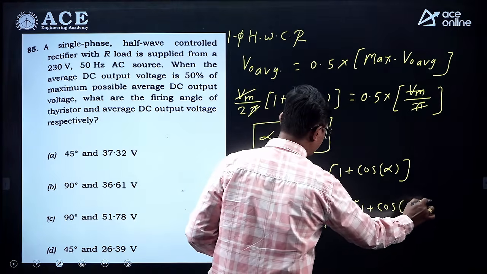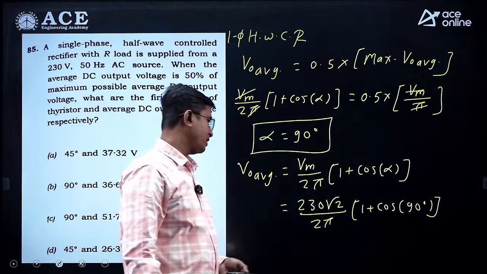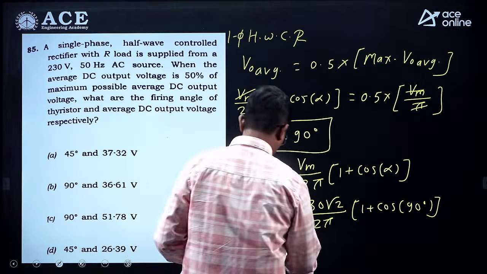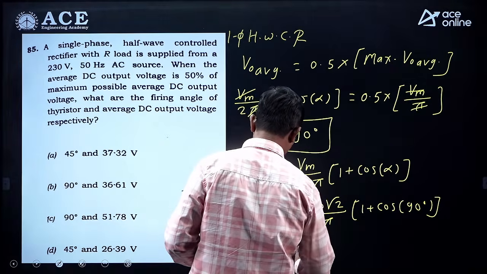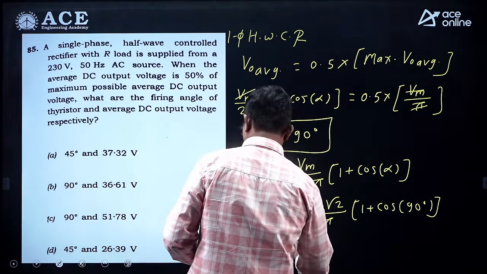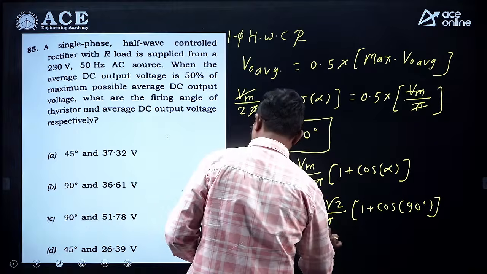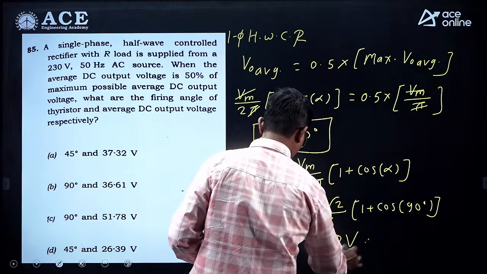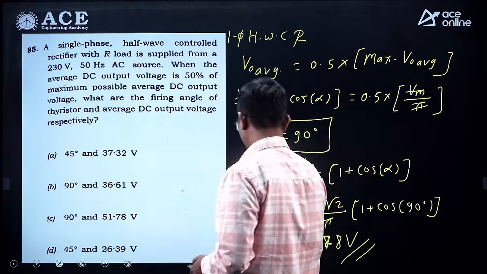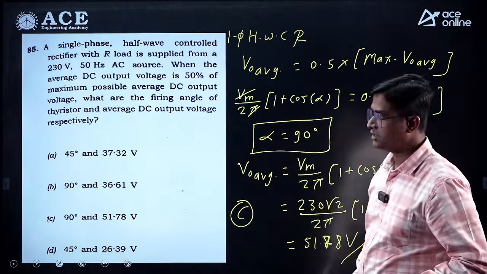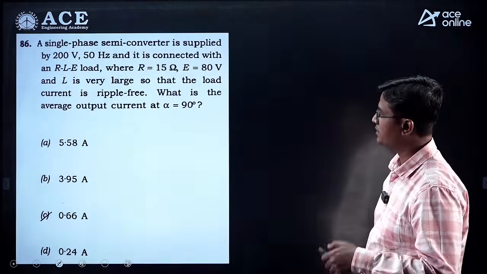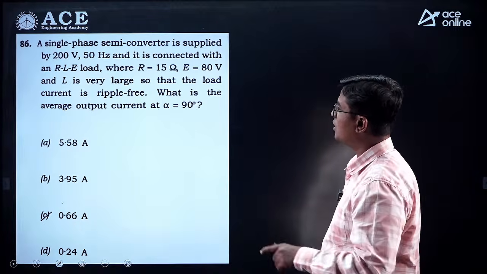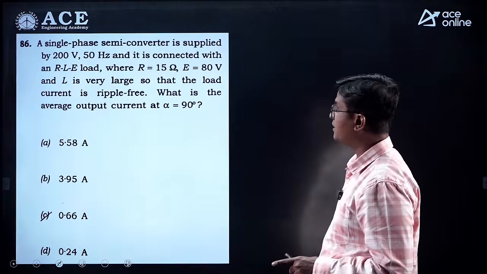Cos 90 is 0, so it is 230 into root 2 upon 2 pi. If you simplify this, you will get 51.78 volt. So the correct answer is option C. Simple question.